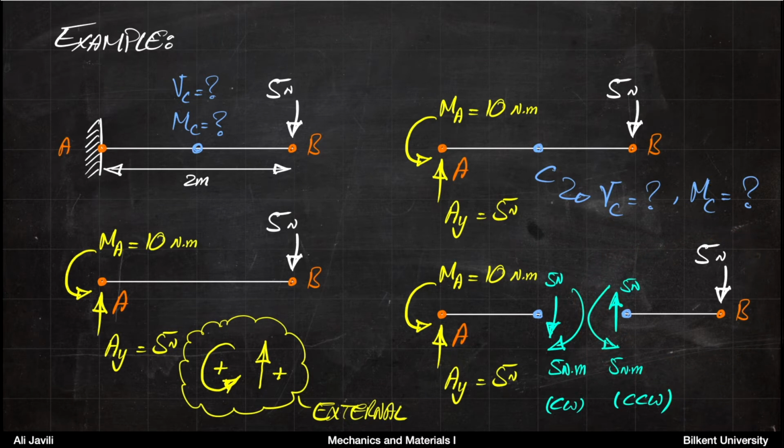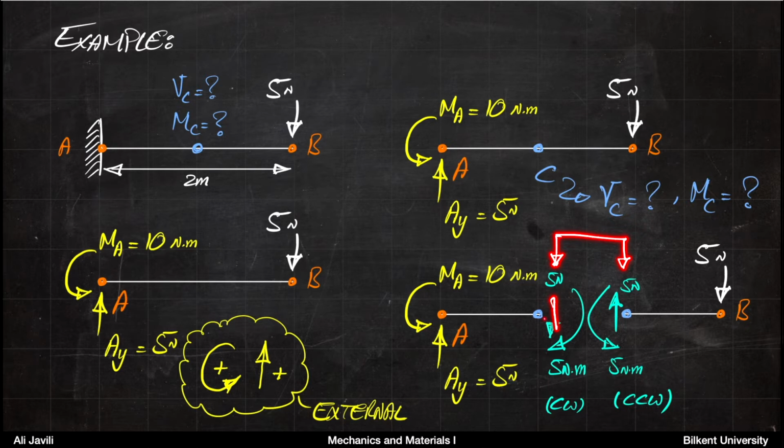But you can also look at the left-hand side. Now if you look at the left-hand side, you can see that the shear force at C must be downwards to balance the force at A, which is upwards. Or otherwise, you can just imagine that this 5 Newton is the reaction of the other 5 Newton just next to it.